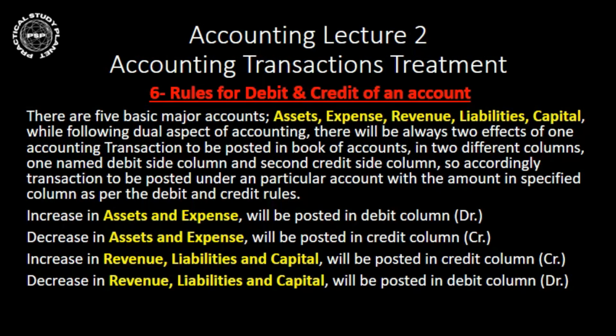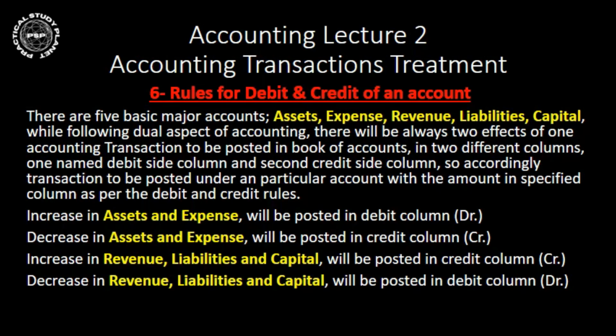So accordingly, a transaction is to be posted under a particular account with the amount in the specified column as per the debit and credit rules. So let's study how an account will be debited and when it will be credited.